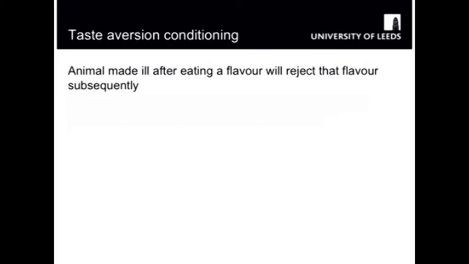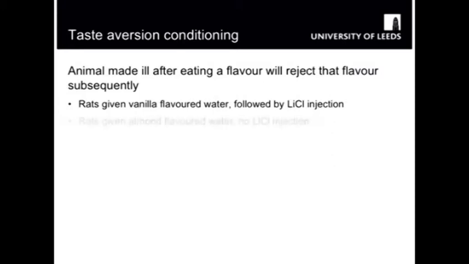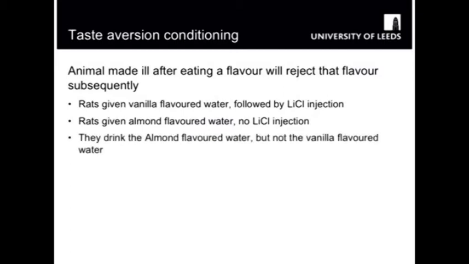So in the typical experiment, a rat would be given a drink of vanilla, followed by a lithium chloride injection. On the next day, the rats might be given a drink of almond with no lithium chloride injection, and then we can look and see which of the drinks they will consume. Of course, we counterbalance between our animals, so half of the animals will have an aversion conditioned to almond and half will have an aversion conditioned to vanilla.